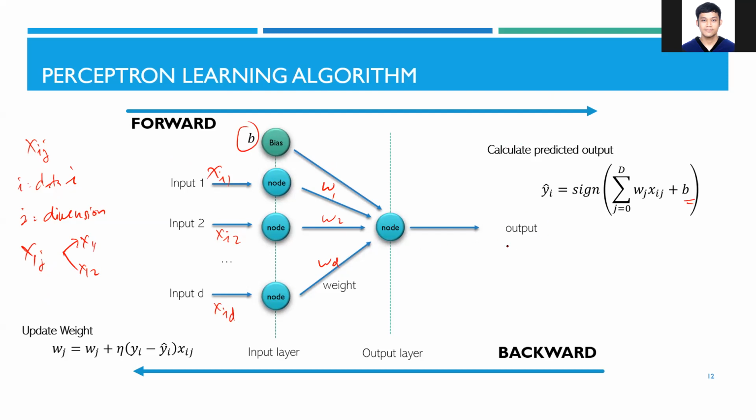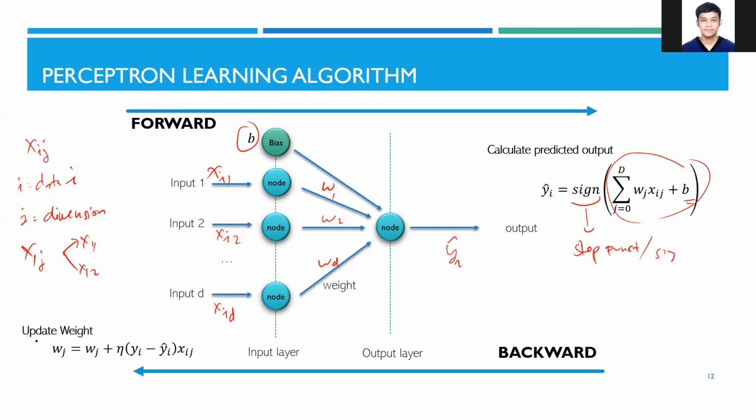The output here uses a step function, for example, or you can use sigmoid, whatever activation function you like. Basically, this is the activation function. Using this equation, we transform the input into the predicted output.